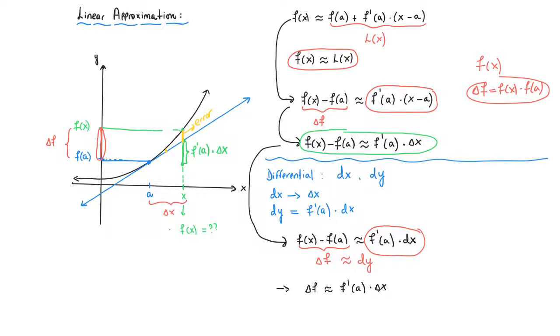Even though I know that I can replace delta x with dx, and I can replace this entire product with df, with dy, I still prefer to write down the product itself. It keeps reminding me that the approximation involves f prime of a times delta x. But that will be your choice, whatever makes you feel comfortable.